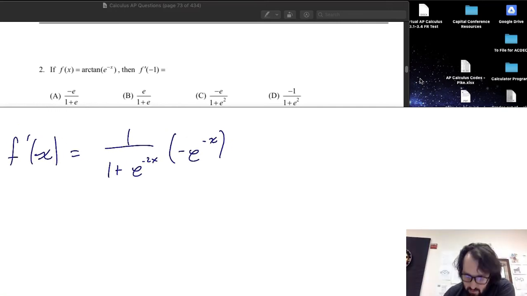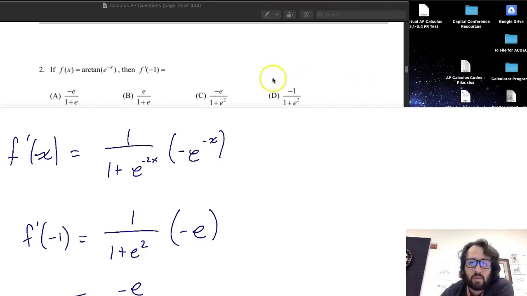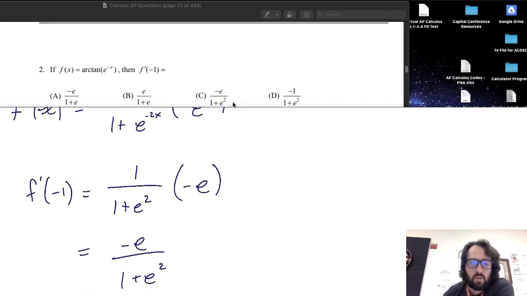And then I can substitute in -1. So f prime of -1 equals 1 over 1 plus e squared times negative e. So hopefully we have negative e over 1 plus e squared as an option. Option C there. Oh, I went off the page a little bit. I'm sorry.